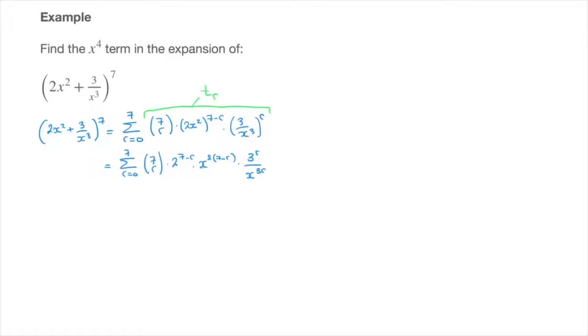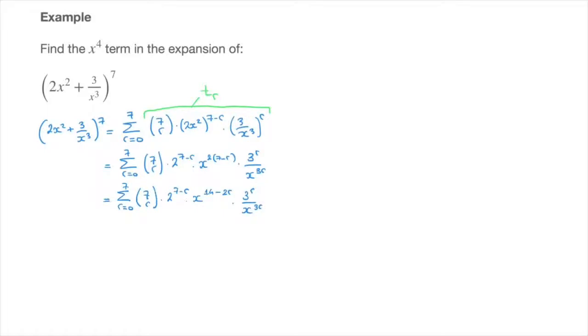Carrying on this way, we can state that this equals the sum from r equals 0 up to 7 of the binomial coefficient 7 choose r times 2 to the power of 7 minus r times x to the power of 2 times 7, which is 14, minus 2 times r, which is 2r, times 3 to the power of r over x to the power of 3r.